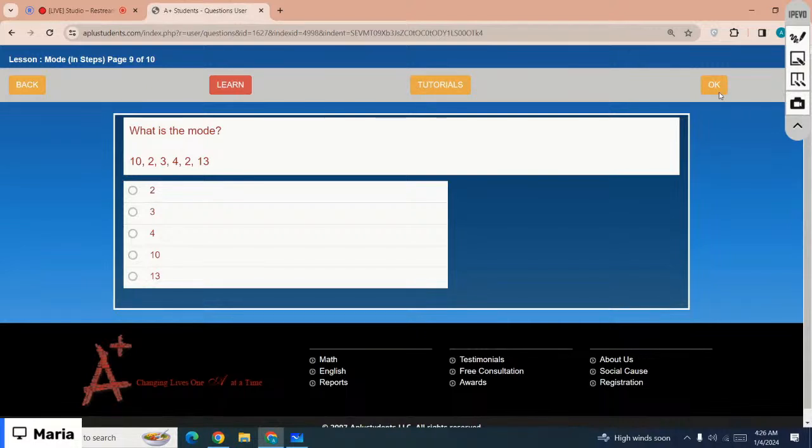What is the mod, which is the correct option? The correct option is 2. Very good.